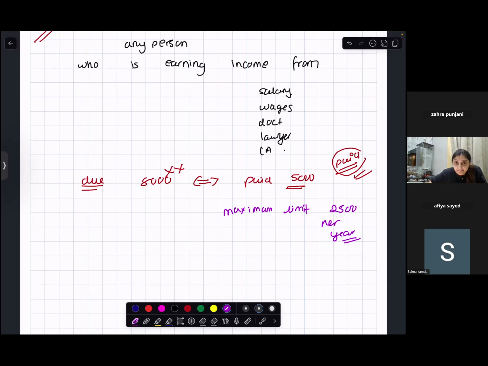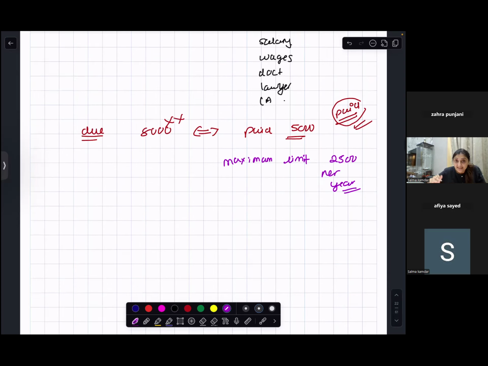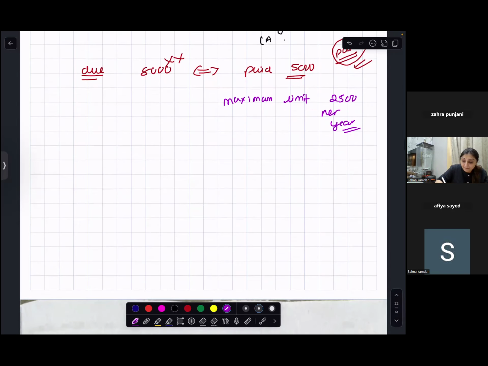I hope you are with me. Deduction is allowed not on due basis, it is allowed on paid basis. Let's take for example, monthly professional tax for a person is 200 from April to Feb.